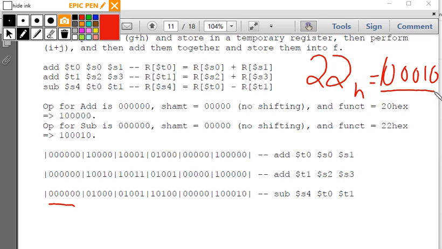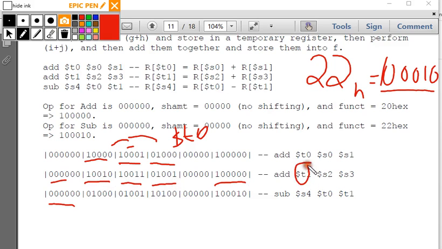So putting this all together, this is S0, that's S1. We add those and we put them in 8, which is T0. Next, we're going to add, because we can see here is add. This becomes S2 plus S3, goes into T1. Because we start with 8, we've added 1, so that's 9.